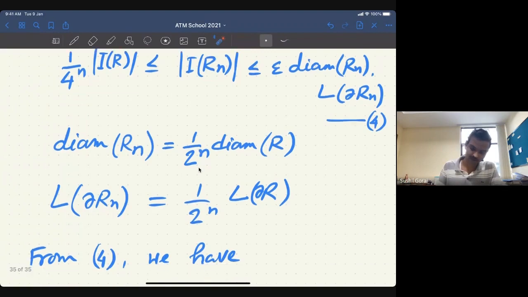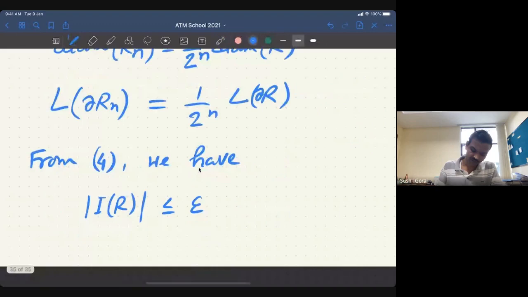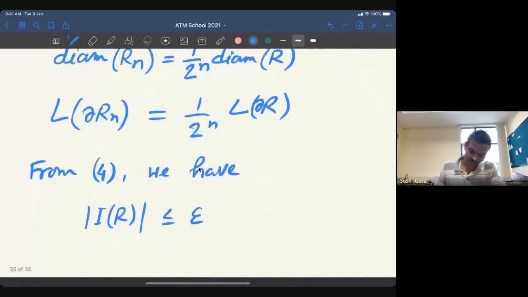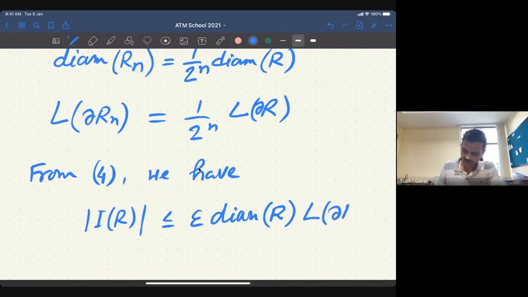If you put here and here, this one will be the diameter of R and then the length of del R. But see here, epsilon was arbitrarily chosen, so the integration has to be 0.